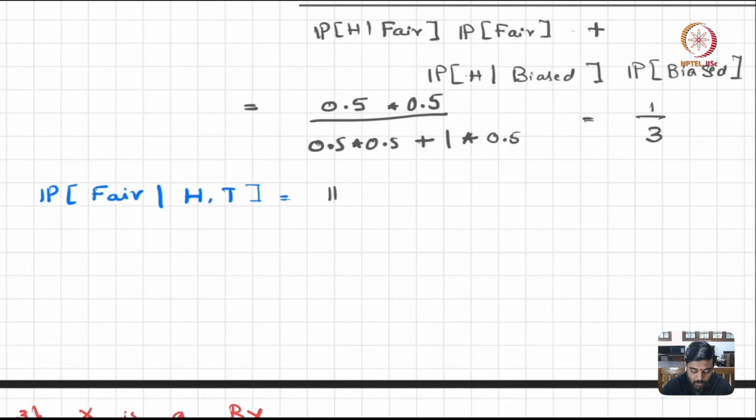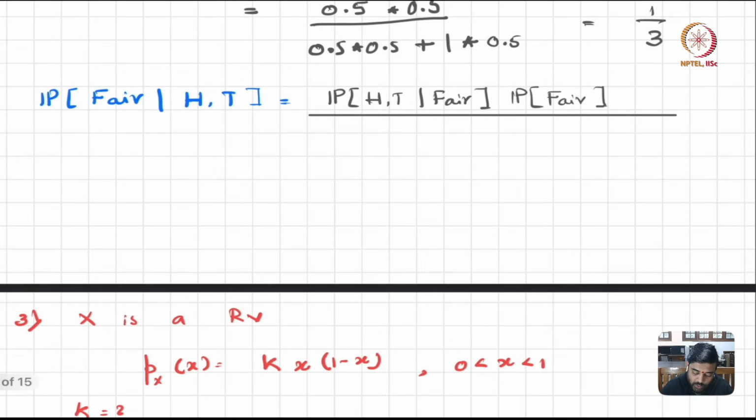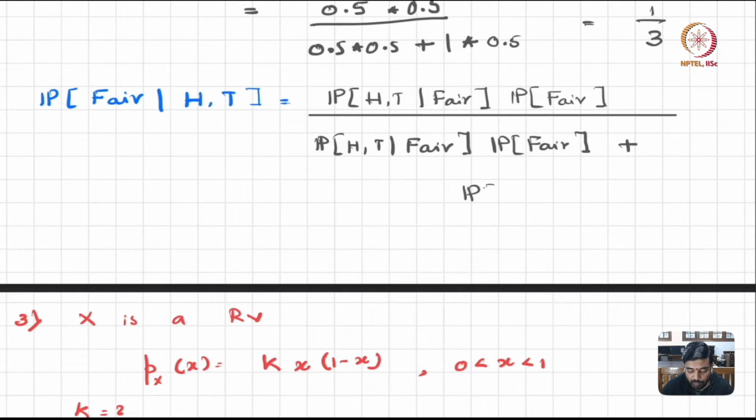This is the probability of getting head and tail given a fair coin, into the probability of getting a fair coin, divided by, I have two terms again here: the probability of head and tail given the coin is fair, into the probability of fair, plus the probability of getting head and tail by knowing that it's biased, into the probability of a biased coin.